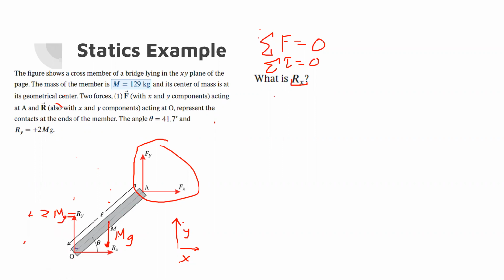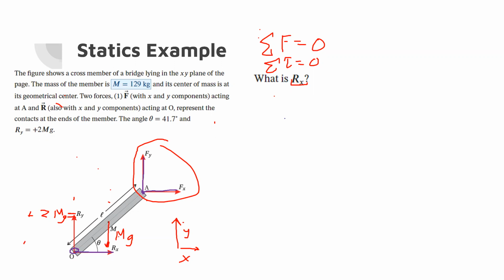What I'm going to do is use torque and put my axis of rotation up here, because then there's no torque due to these forces here. And so by doing that, it makes it easier for me to write an equation that helps me.